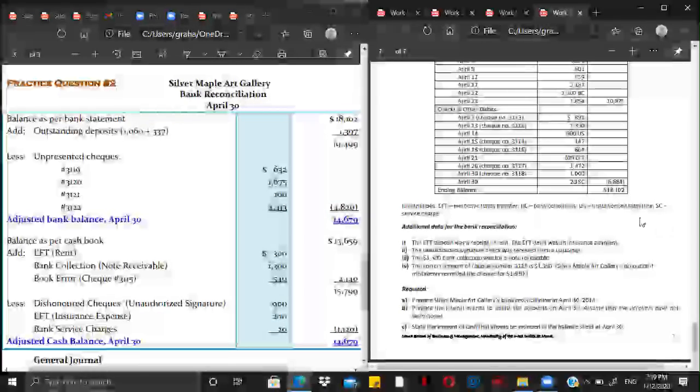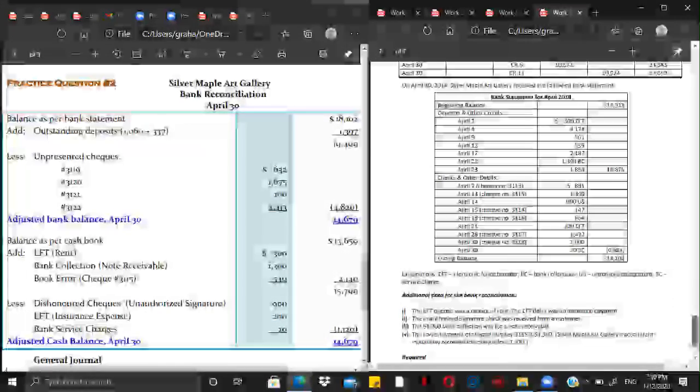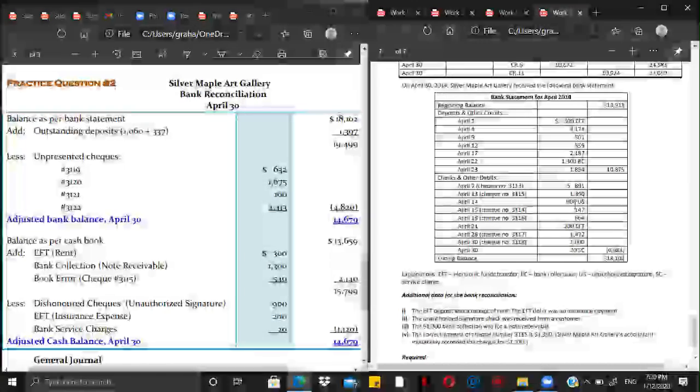So EFT has to do with, as I said, using your online banking. So we look in the bank statement for our EFT. The first one, which said it was a receipt, we're going to look for in the deposit section of the bank statement, because if we're receiving something, that means it was deposited in our account.